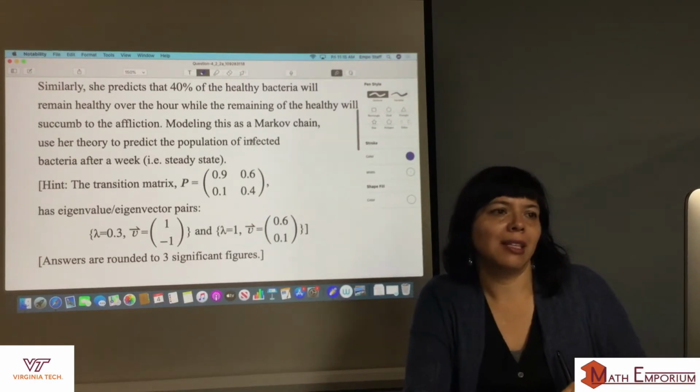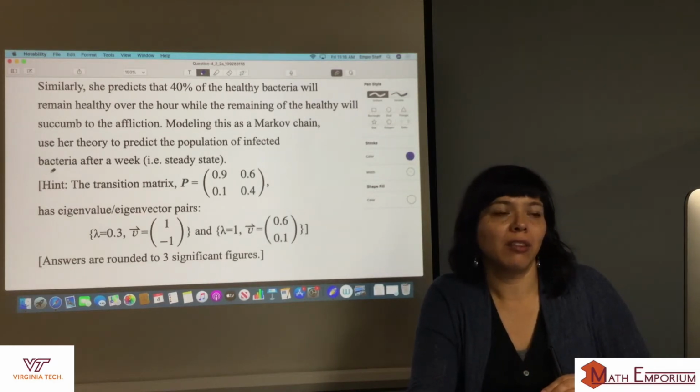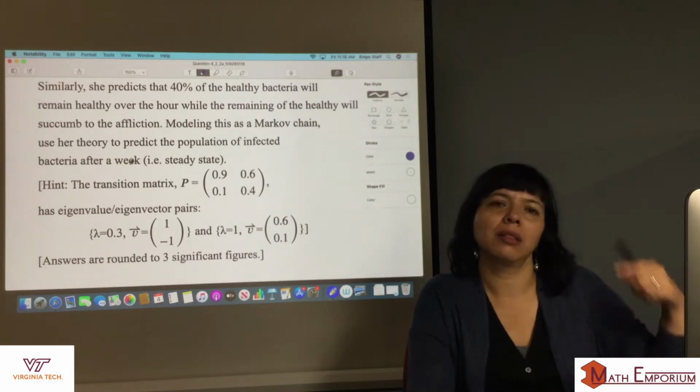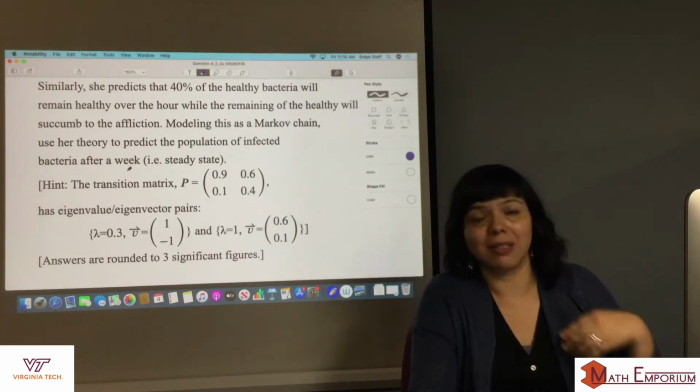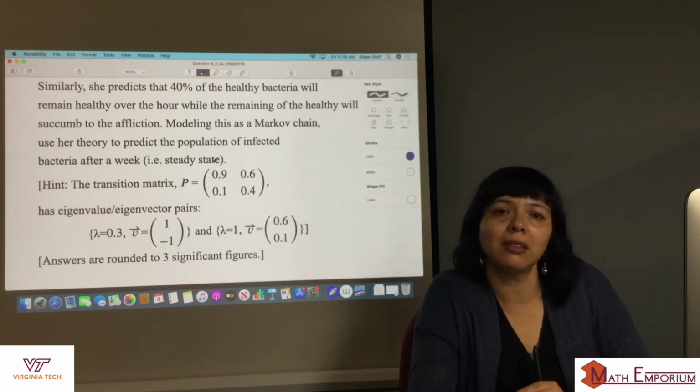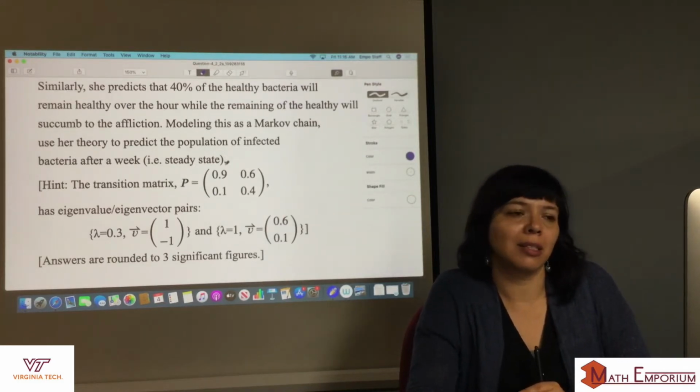Use that technique to predict the population of infected bacteria after a week. And because things were in terms of hours, after a week is a lot of hours, that means that we're really looking for the steady state, and it says that explicitly.